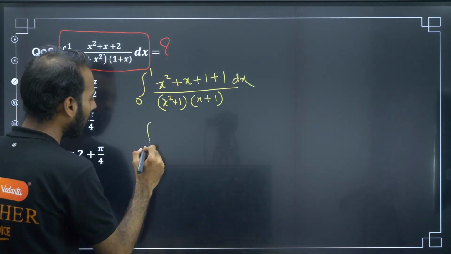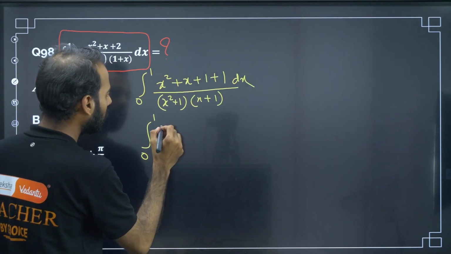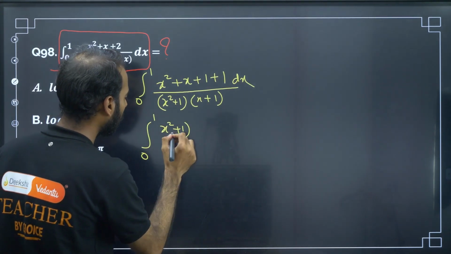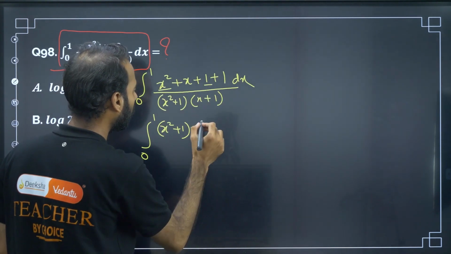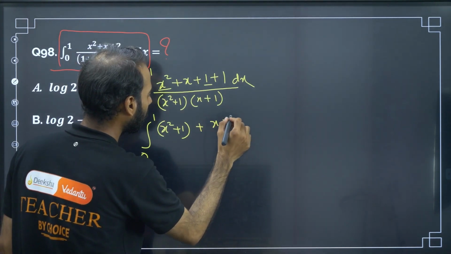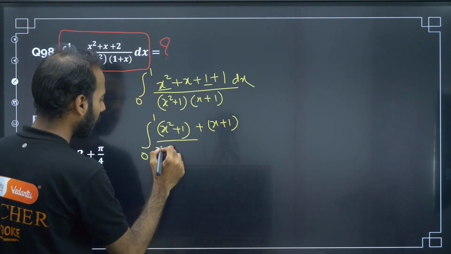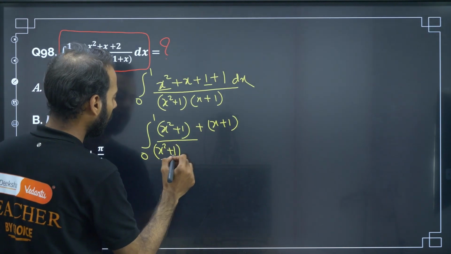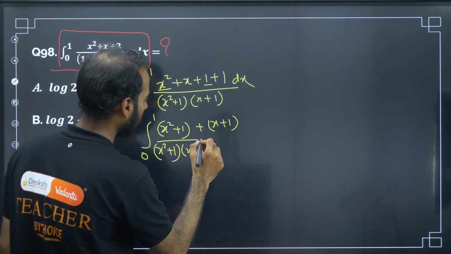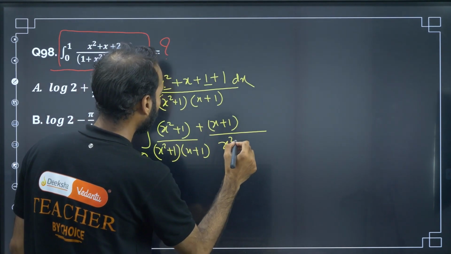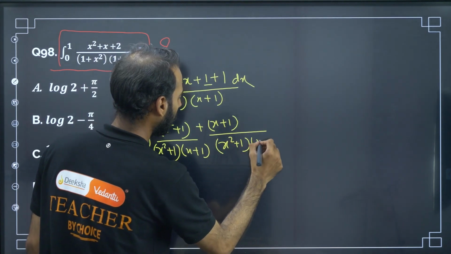Next, 0 to 1, x square plus 1 plus x plus 1 by x square plus 1, x plus 1.